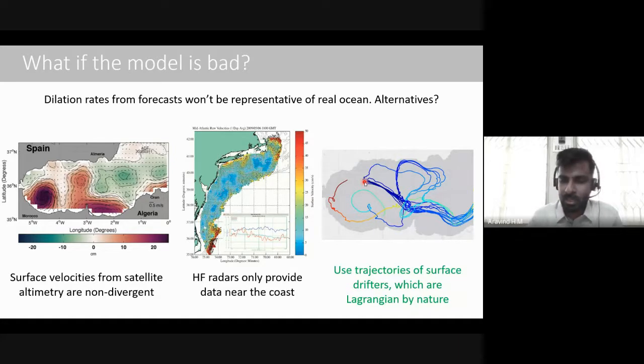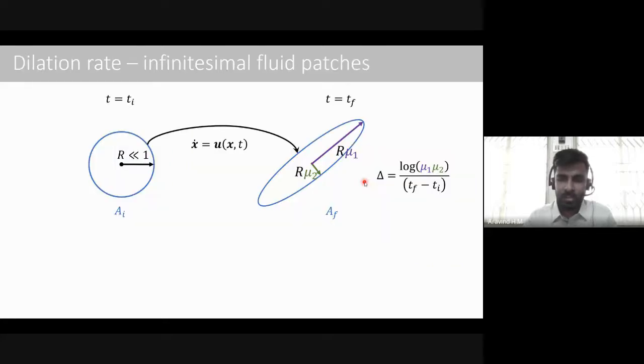Now, to discuss how this can be done, I'll take a step back to the definition of the dilation rate, which we had seen earlier as the logarithm of the product of the two singular values of the flow map gradient.